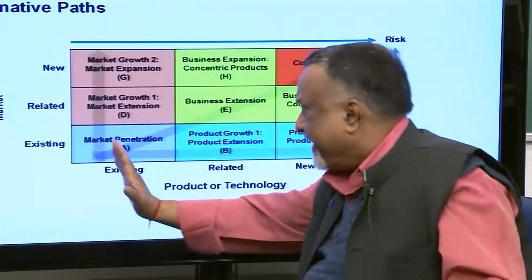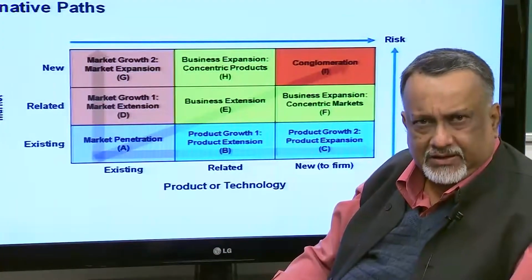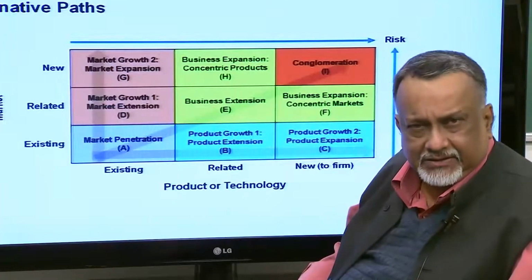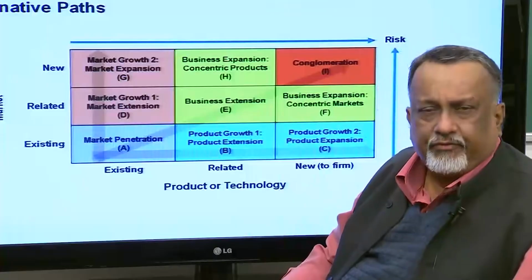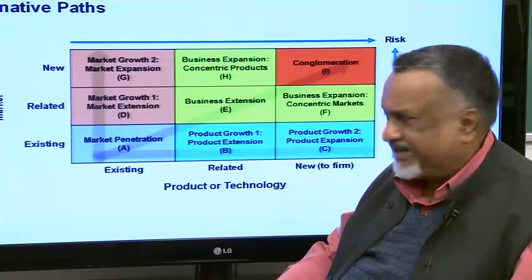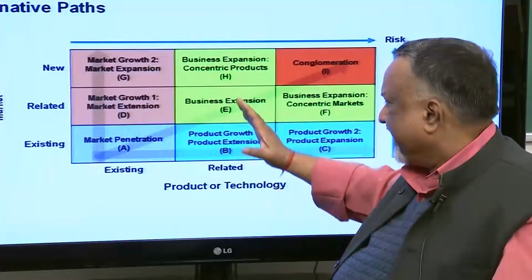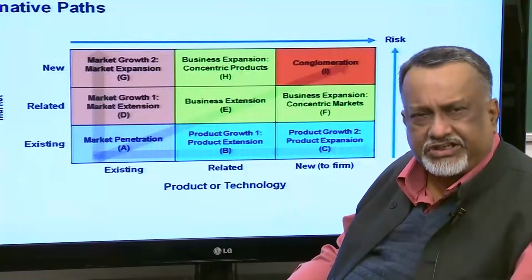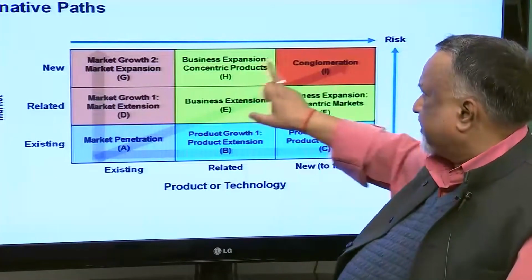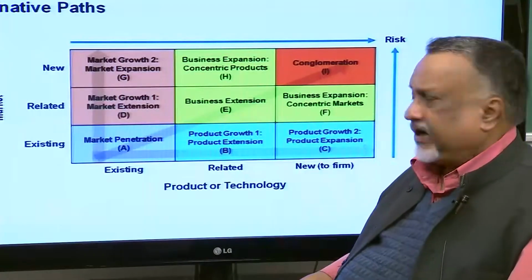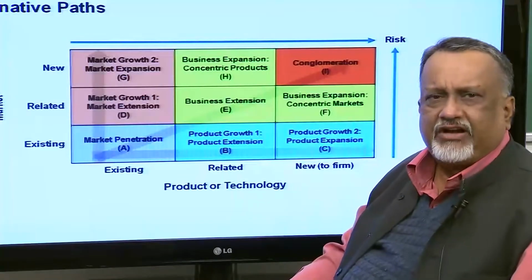So, usually growth in this direction is safer, incremental. Growth even within these will be relatively easier, because you are looking at adjacent market or you are looking at related or adjacent technologies. But this part is a much higher level of risk.